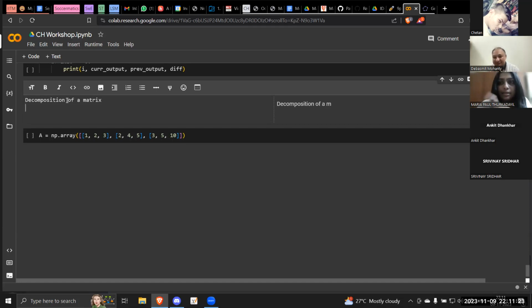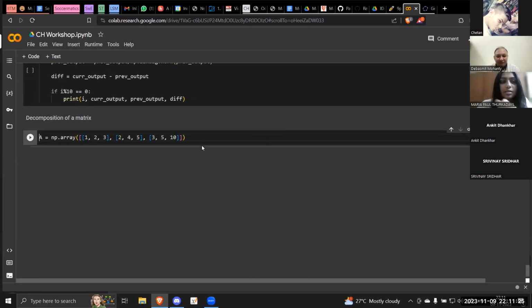This is singular value decomposition, right? That's what we're doing. So the matrix is 1, 2, 3; 2, 4, 5; 3, 5, 10. I'm not sure.